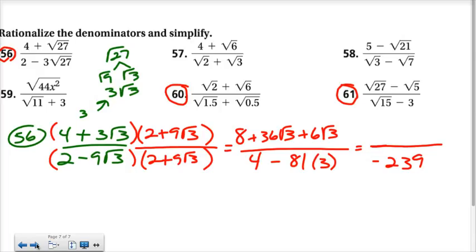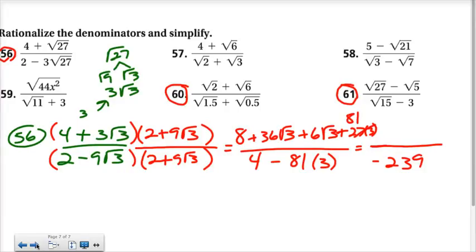And then last times last, well, 3 times 9 is 27. And then the square root of 3 times the square root of 3 is 3. So in the front we have the 8. In the back we have 27 times 3, and that's 81. So to skip a little step here, I'm going to write that as 81.